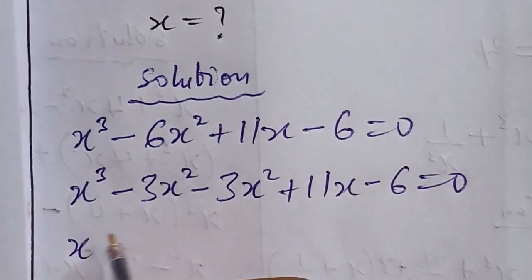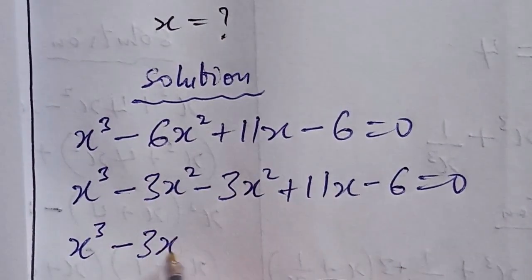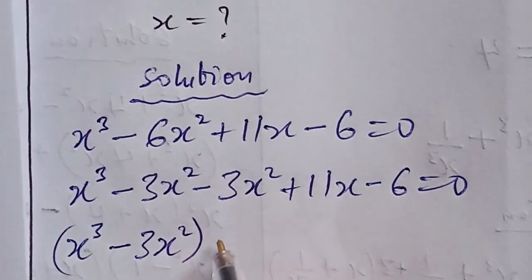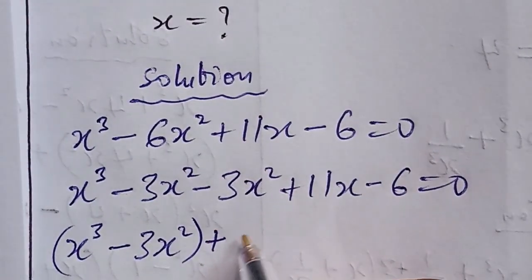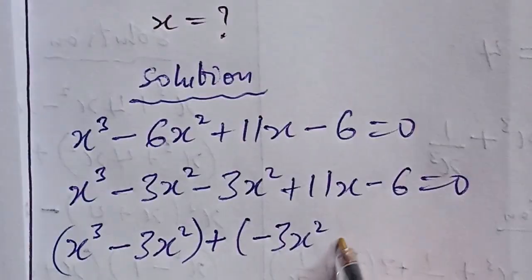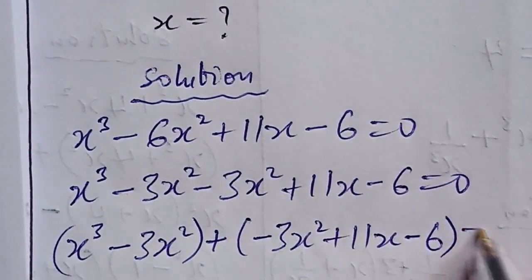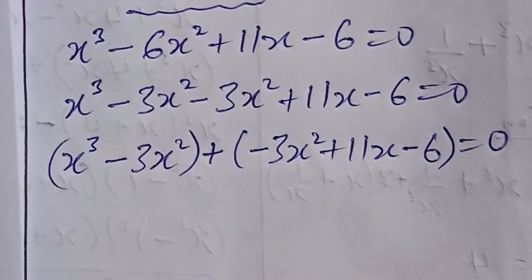We have x cubed minus 3x squared in a bracket, plus another bracket, minus 3x squared plus 11x minus 6, equal to 0.